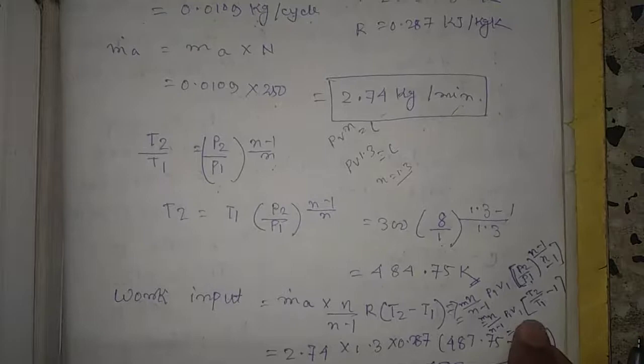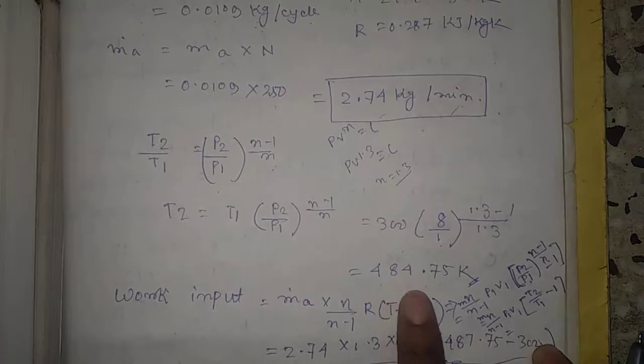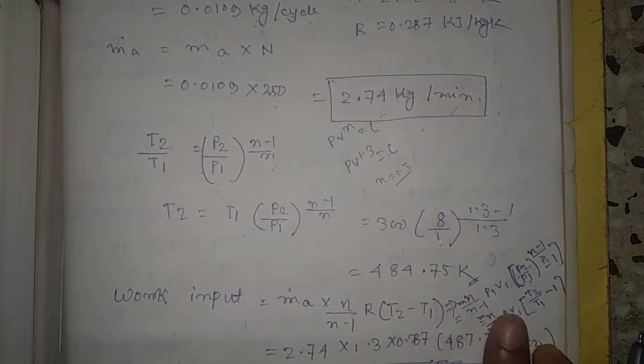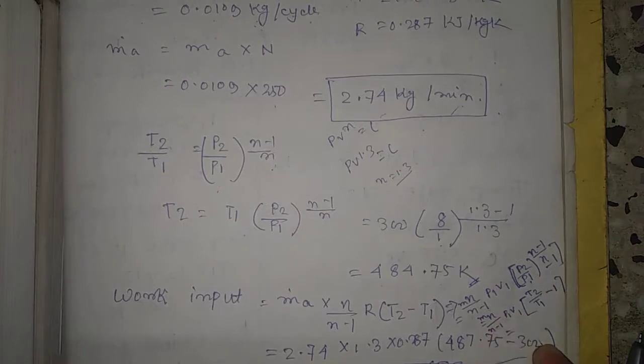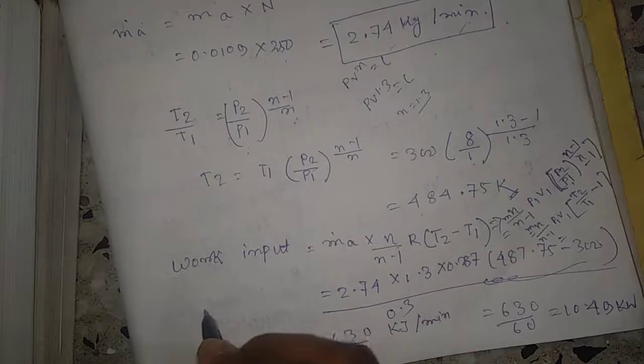If you write down T2 by T1, T2 is equal to 484.75. PV is equal to MRT, you know that. Now we can calculate in the same manner.